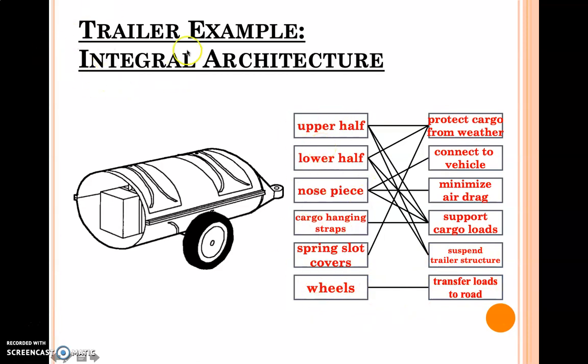So this kind of system is called integral architecture. Whenever you are designing, you should keep in mind whether you are designing for integral architecture or modular architecture, as per the design or problem specified. As per the problem defined in the initial phase of product development, you have to select your architecture, either modular or integral.